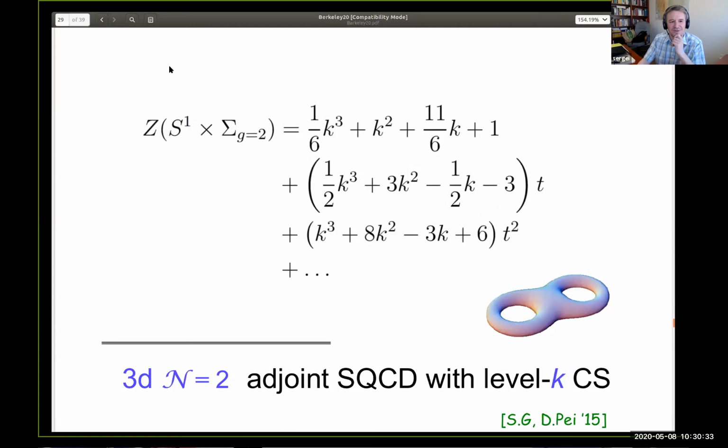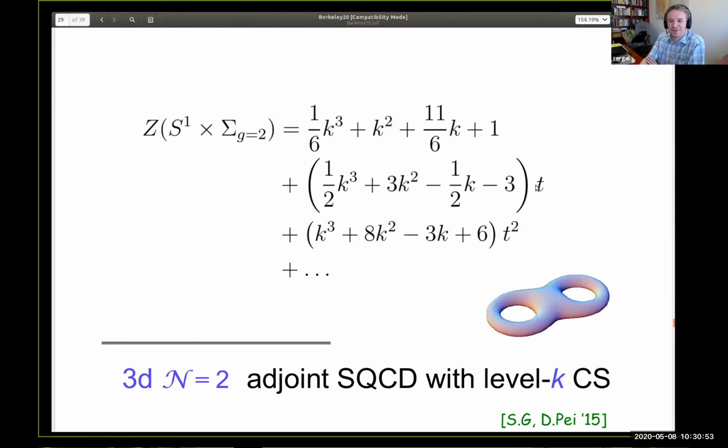And if you want to use these structure constants to compute the partition function on a genus 2 Riemann surface, what you get is a series in this variable t, such that each coefficient of every power of t is a cubic polynomial.